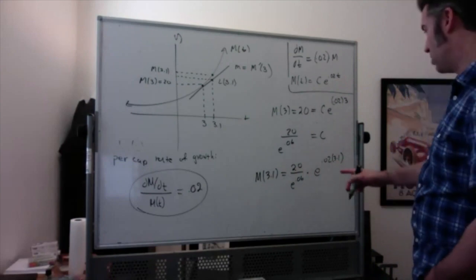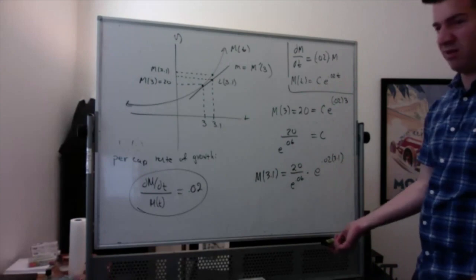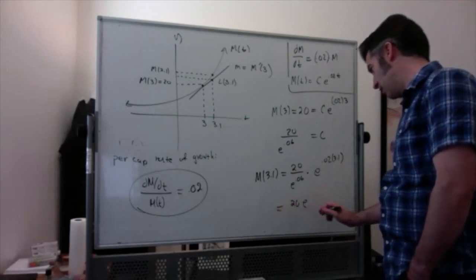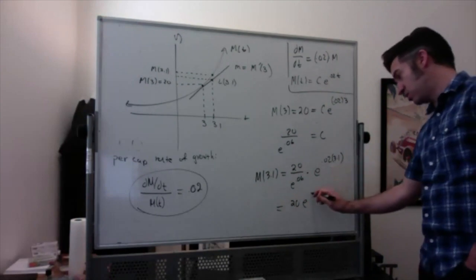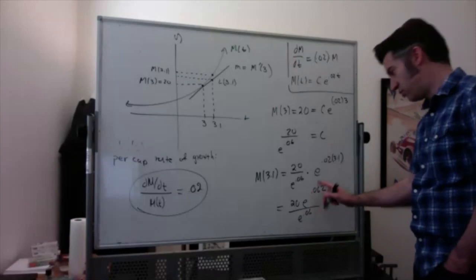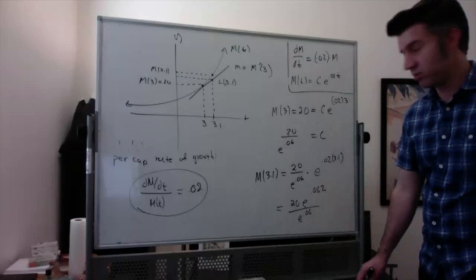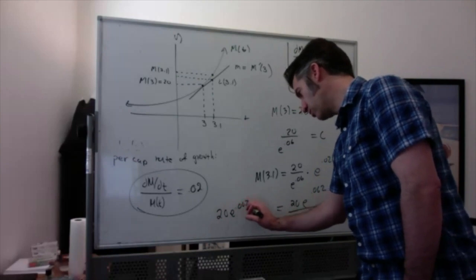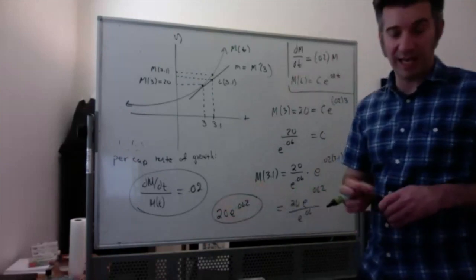And yeah, you can simplify this a little bit. I mean, not a lot. You can simplify this as 20 times e to the 0.062 divided by e to the 0.06. And when you subtract those, you get e to the 0.002. So this is equal to 20 e to the 0.002, which you would leave as is.